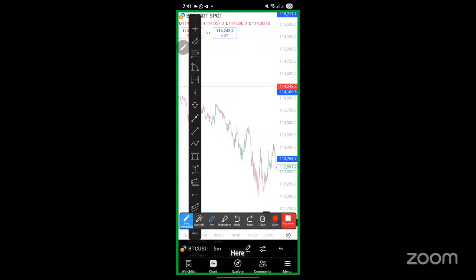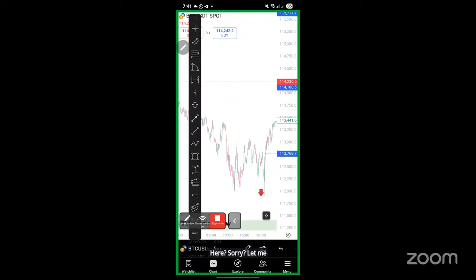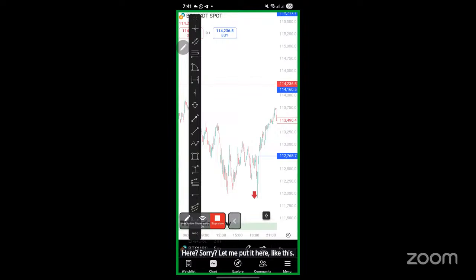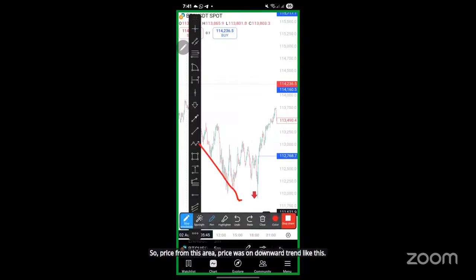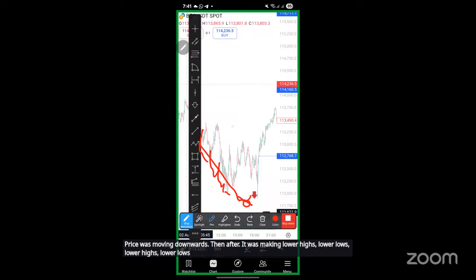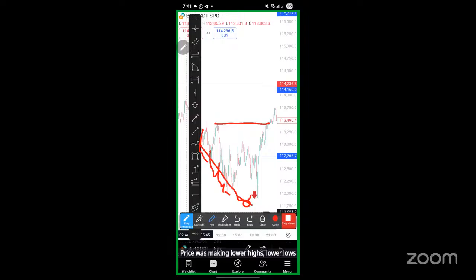Let me put it like this. Price from this area was on a downward trend, making lower highs and lower lows. Then here, price comes and changes character. Instead of moving downwards, it starts moving up.